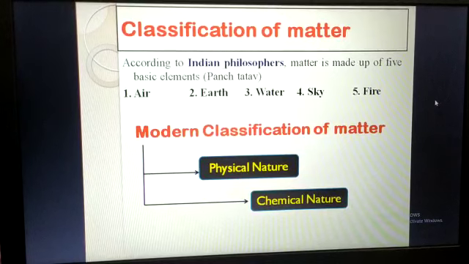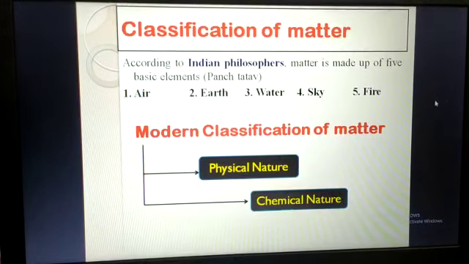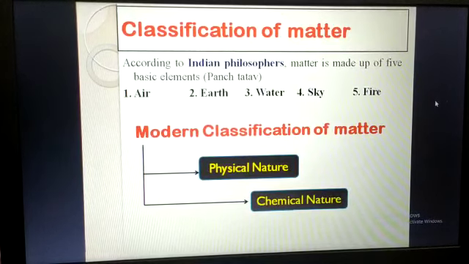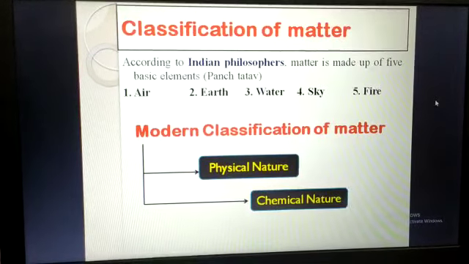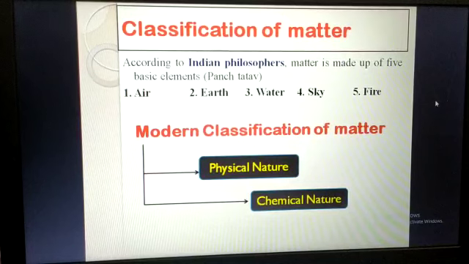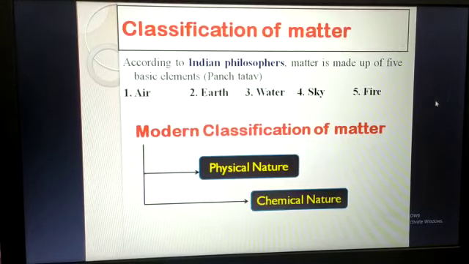Later on, Maharishi Kanad gave the idea that matter is composed of very small particles, right? He named the small particles Parmanu. Later on, we will discuss this, right? After that, the modern classification of matter is according to the physical nature and the chemical nature of the substances. We will discuss these in detail.